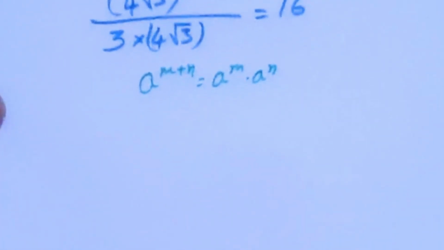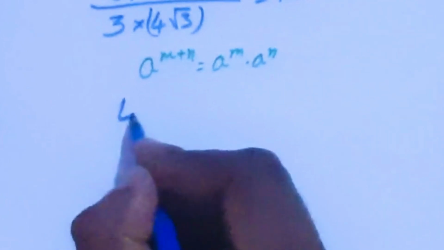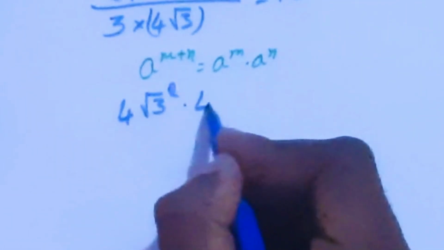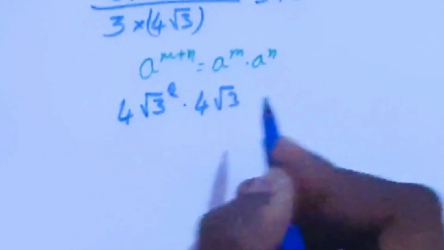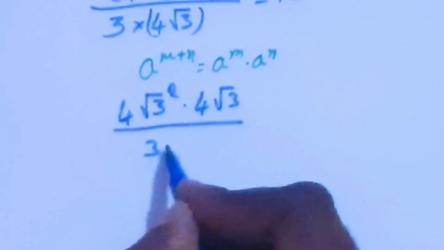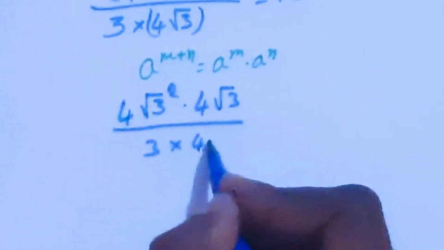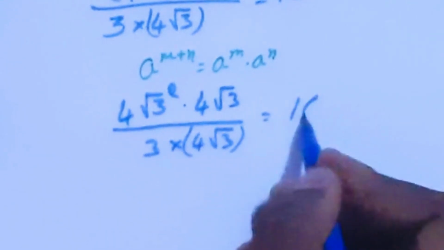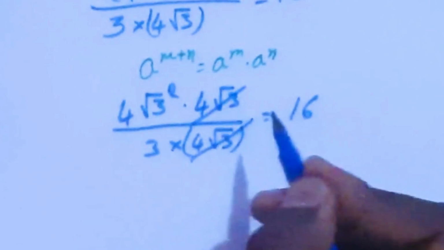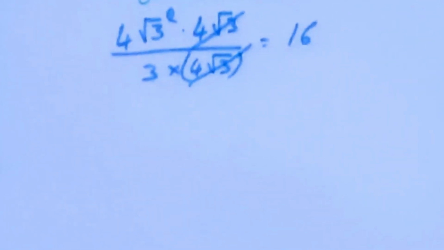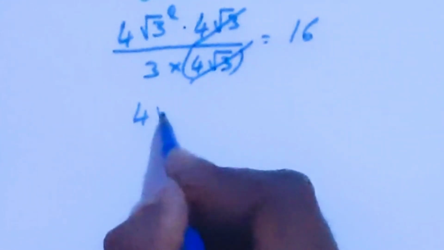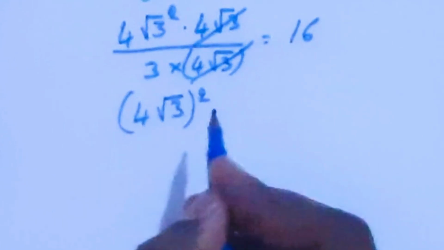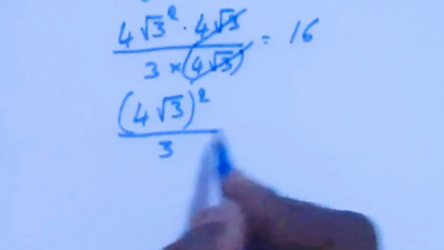So (4 square root of 3) square times 4 square root of 3 by 3 times 4 square root of 3 equals 16. Now this cancels this, so we have (4 square root of 3) whole square by 3 equals 16.